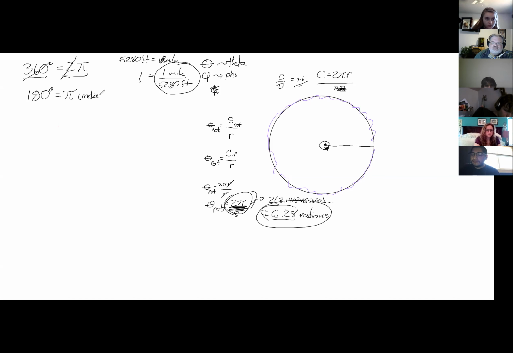You'll notice I often don't say or write the radians, but I always say or write the degrees. This is important. If I just write, say, 45, I have an angle of 45, is that 45 degrees or 45 radians?